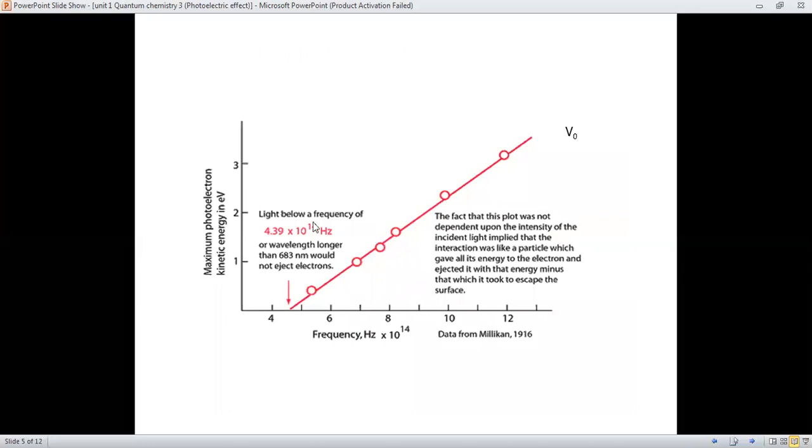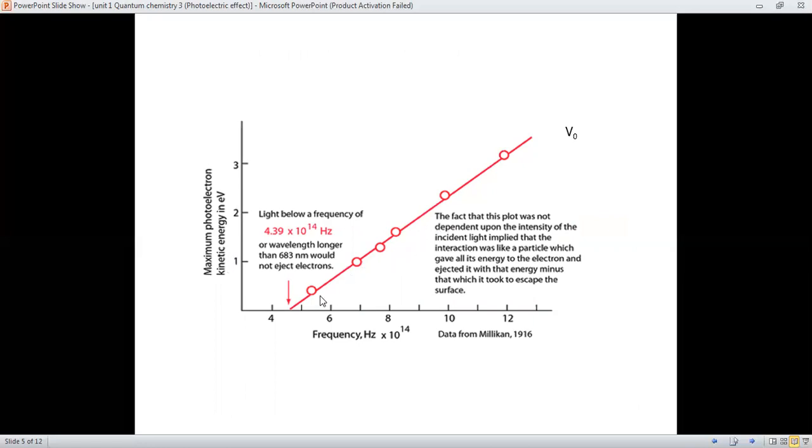And here what we observe is that when the kinetic energy of the emitted or ejected electrons was studied against the frequency, this is how it is observed. When the frequency of the radiation was decreasing, the kinetic energy also kept decreasing.